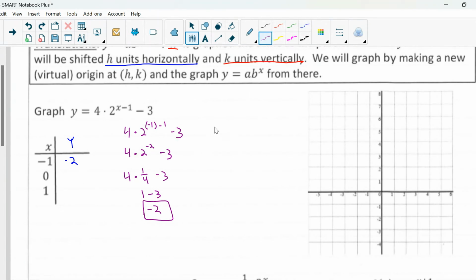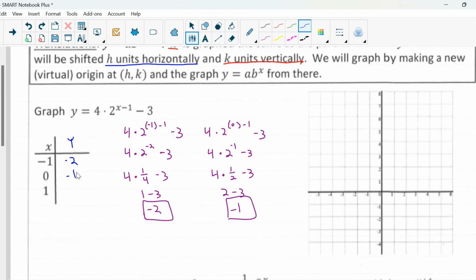Okay, for 0, very similar process. 4 times 2 to the 0 minus 1 power minus 3. So that's going to give us 4 times 2 to the -1st power minus 3. 2 to the -1st is just going to turn into 1/2. 4 times 1/2 is just 2 minus 3, which just gives me -1.